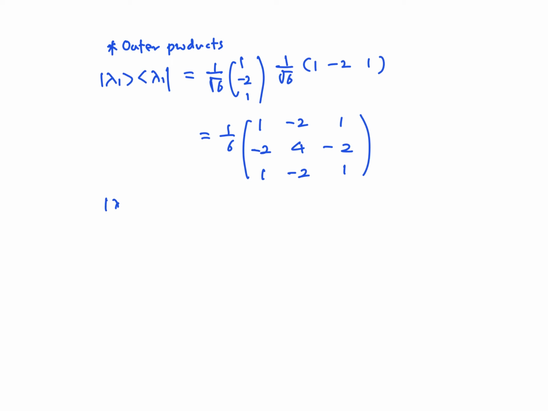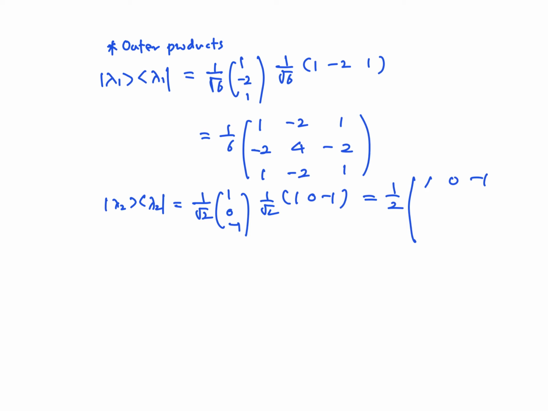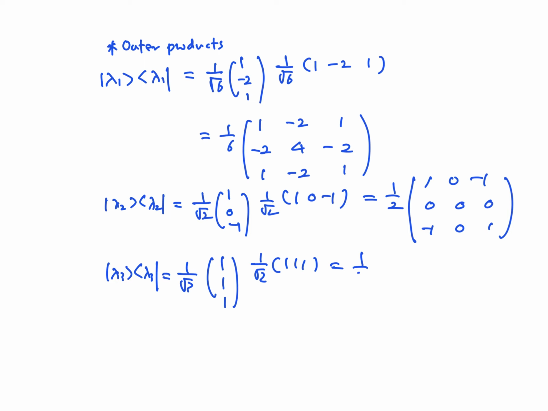Lambda 2, lambda 2: 1 over square root of 2, (1, 0, minus 1) times itself, which is 1 over 2, (1, 0, minus 1; 0, 0, 0; minus 1, 0, 1). Lambda 3: 1 over square root of 3, (1, 1, 1) times itself, which is actually 1 over 3 times the matrix of all ones.